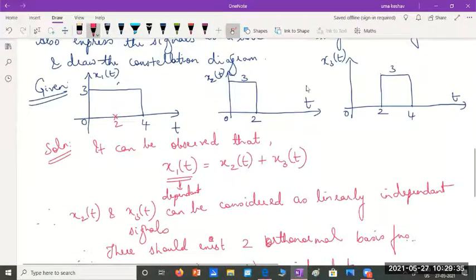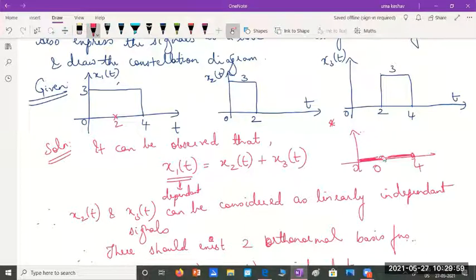You just check the product of x2 and x3. See, if I multiply this with this, what do I get in the interval 0 to 4? 0 to 2, it is 3 into 0, it will remain 0. And again here 2 to 4 also, it remains 0.